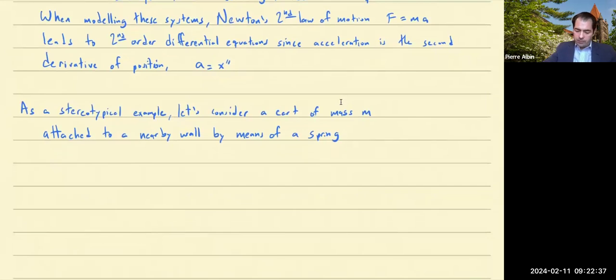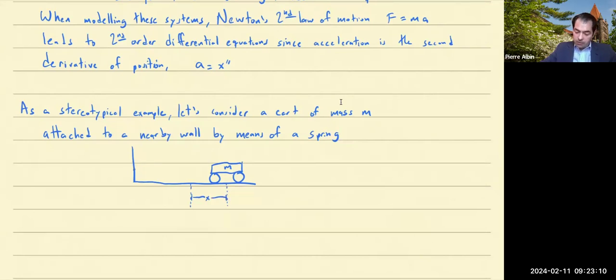Right, so suppose we have, here's a wall, and then over here we have our cart, mass m, and right below the center of mass, let's measure a displacement from rest. So this is how much the position has moved.